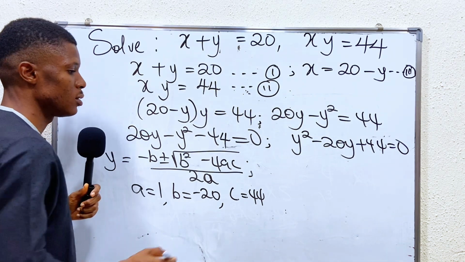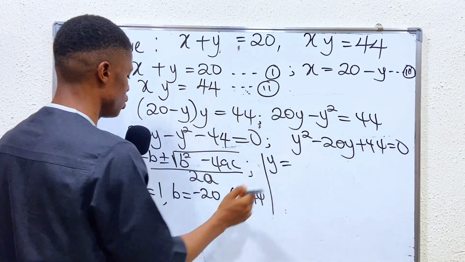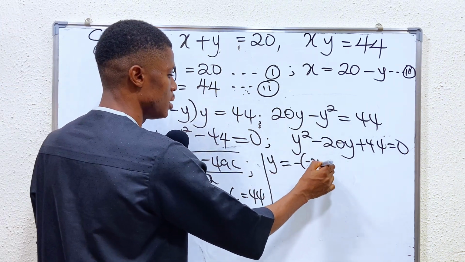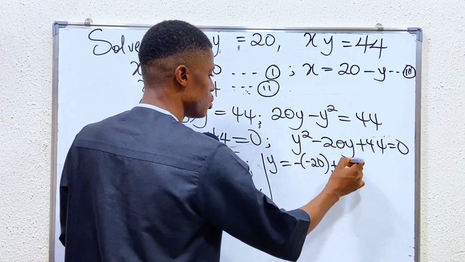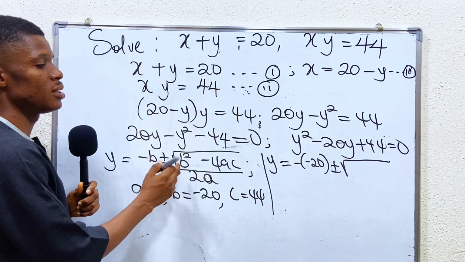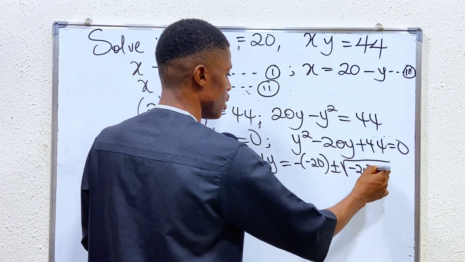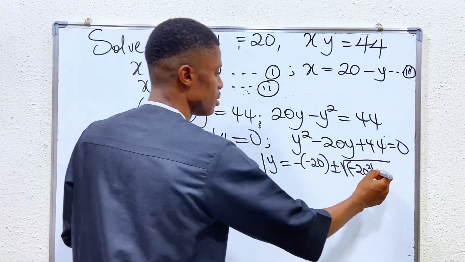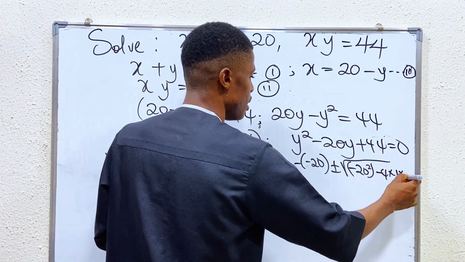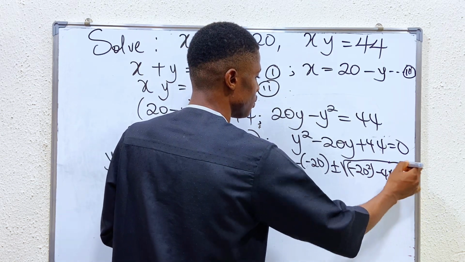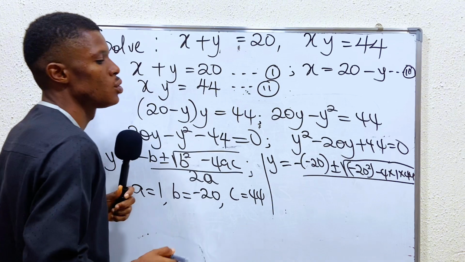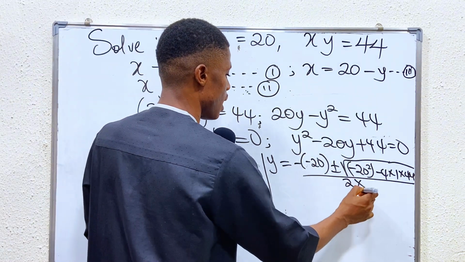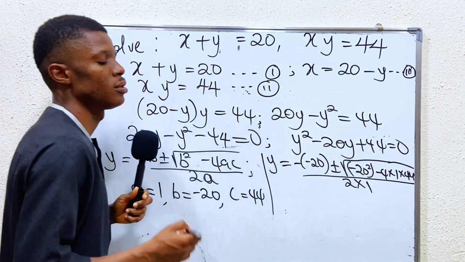So if you plug it back into the formula, you see that y is equal to, b is minus 20, so we have minus of minus 20, plus or minus the square root of minus 20 squared, then minus 4ac, minus 4 times 1 times 44, divided by 2 times a, which is 2 times 1.